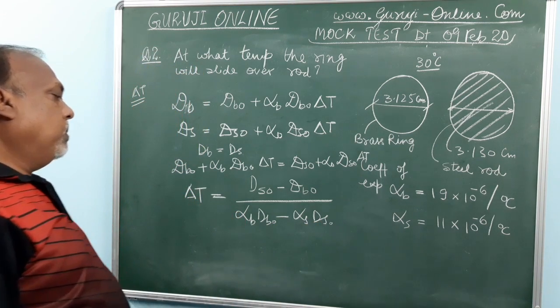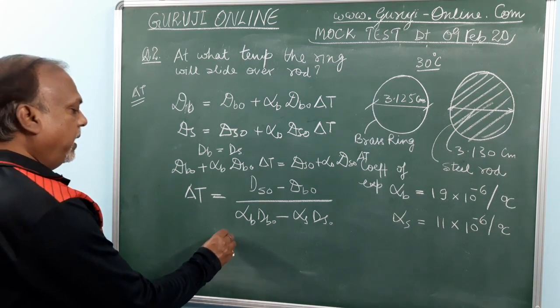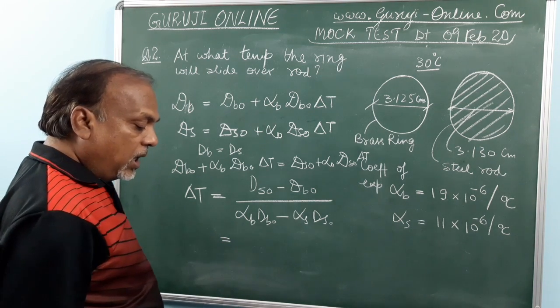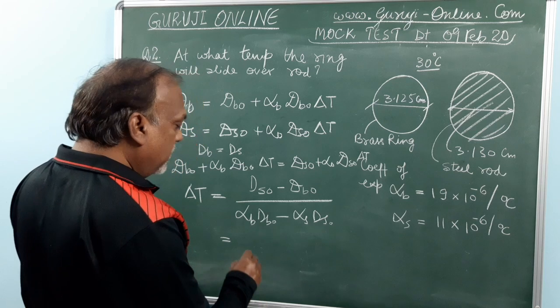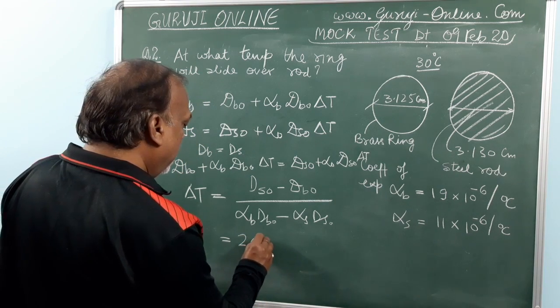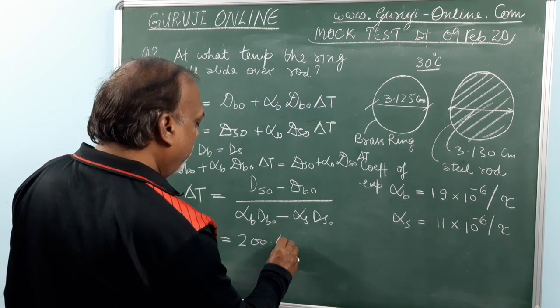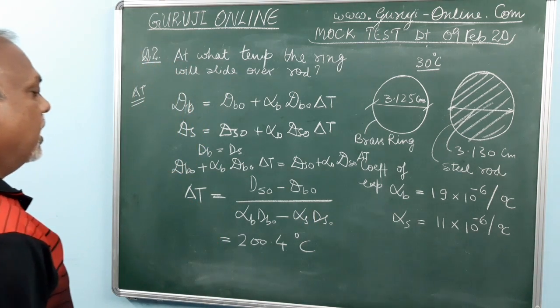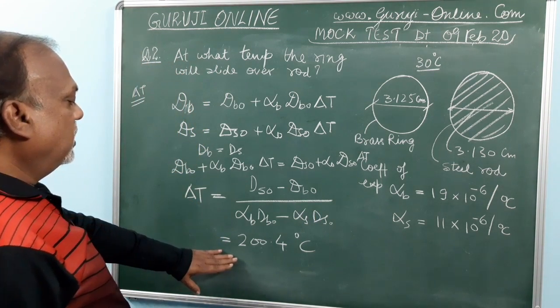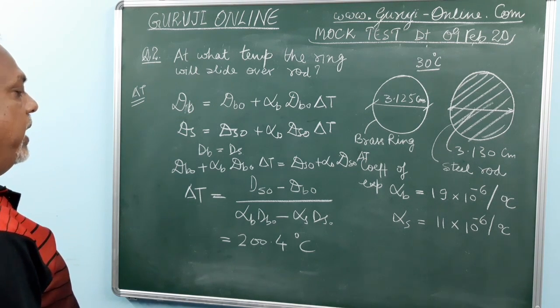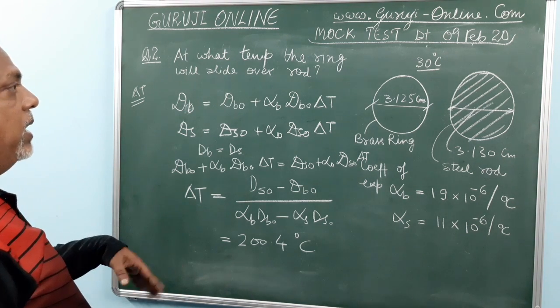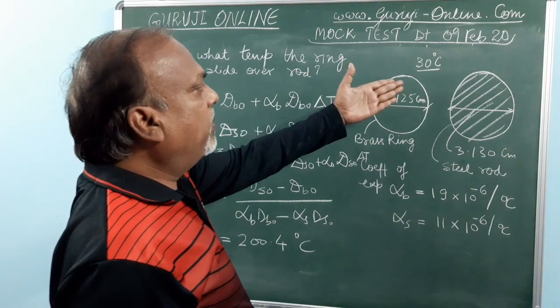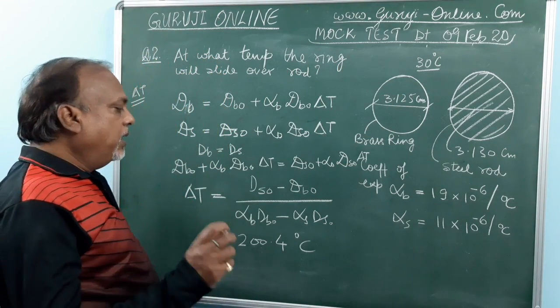So we can find delta T by putting the values, and delta T will come as 200.4 degrees centigrade. Now, this is the temperature you are going to raise from the original temperature. And the original temperature was 30 degrees centigrade.